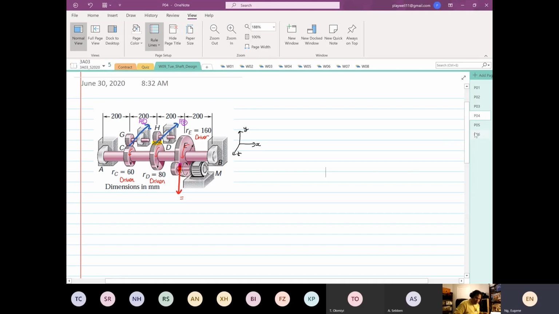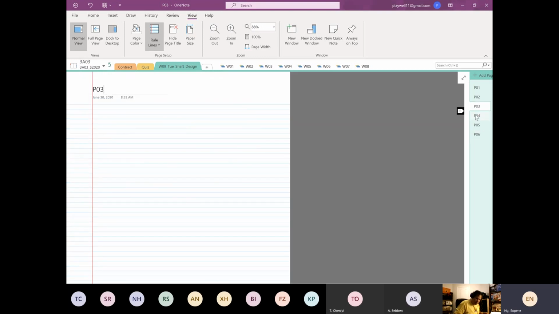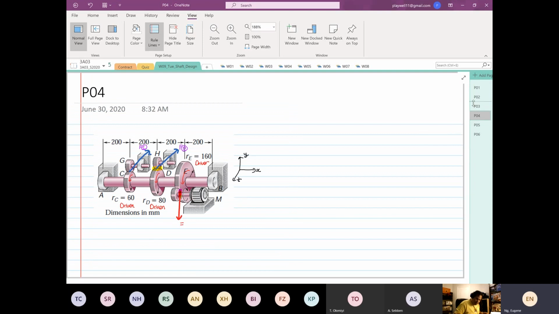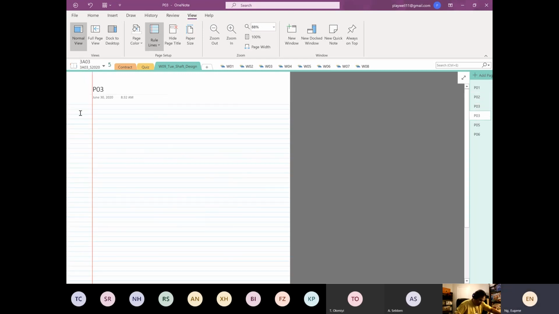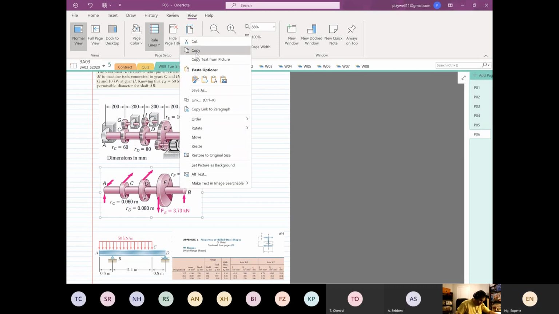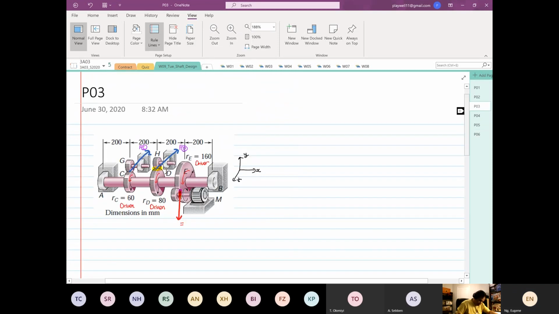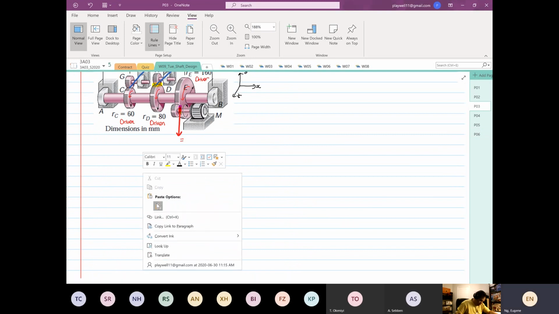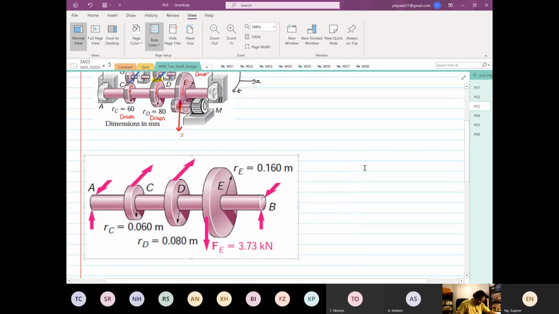If you look at the textbook, oops, I got the wrong page. It's okay. If you look at the solution from the textbook, this is the solution.